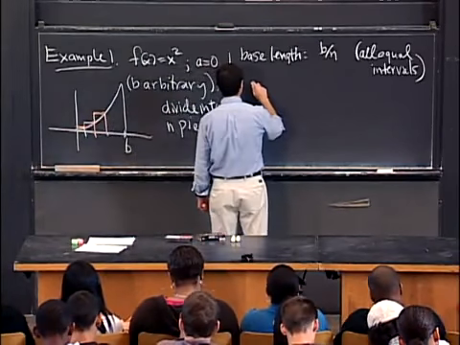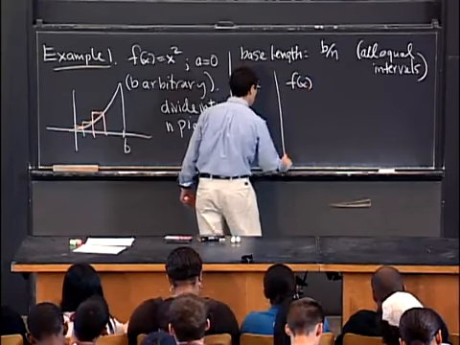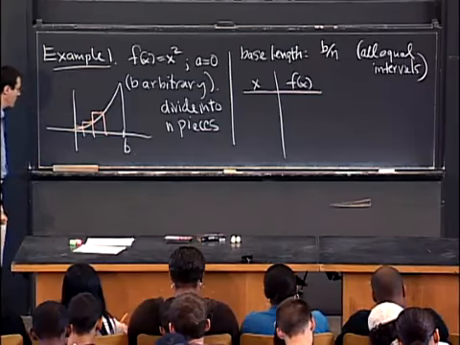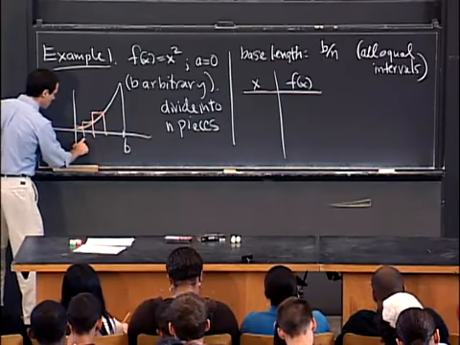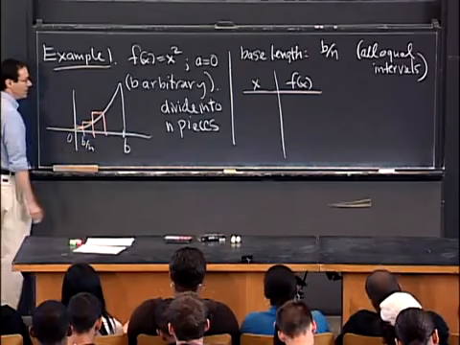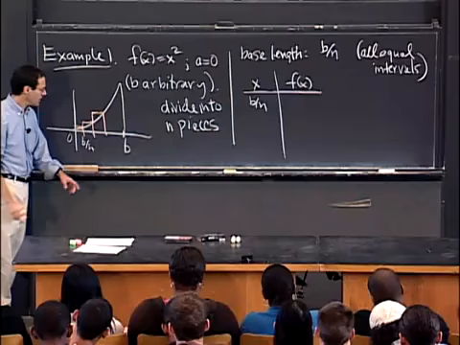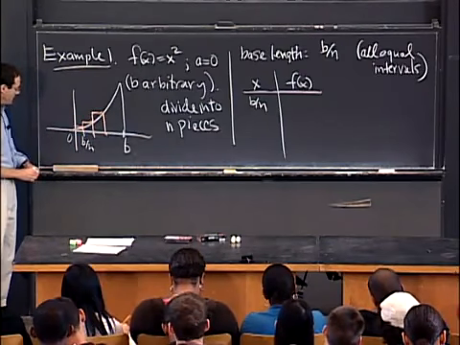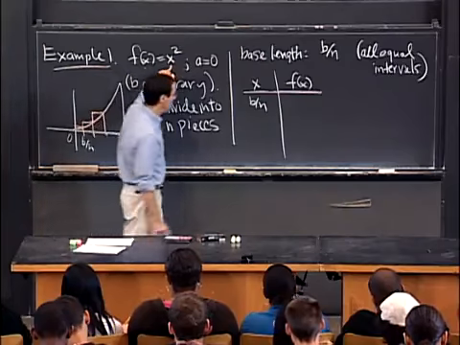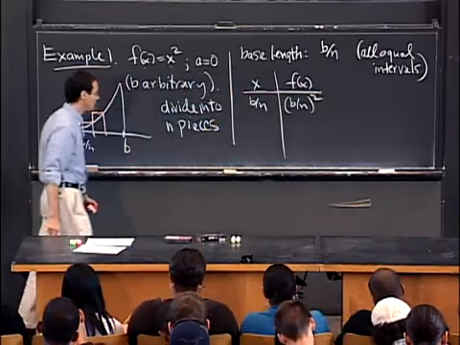And in order to keep track of the heights, I'm going to draw a little table here with x and f of x and plug in a few values just to see what the pattern is. The first place here after 0 is b divided by n. So here's b divided by n. That's an x value. And the f of x value is the height there. I evaluate f of x, which is x squared. And that's b divided by n, the quantity squared.